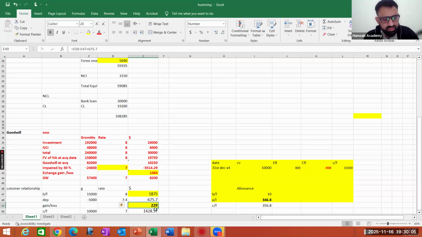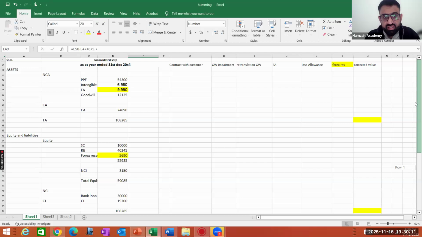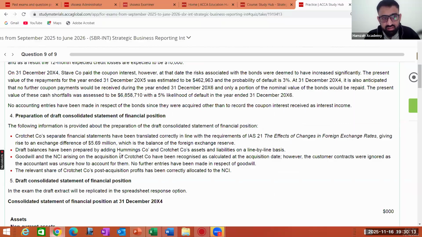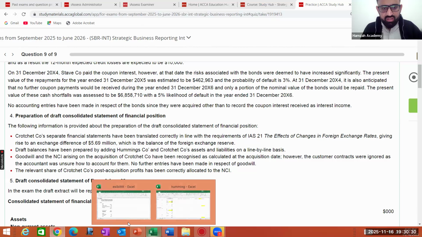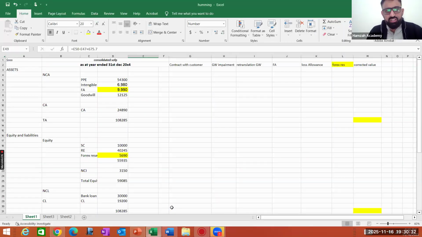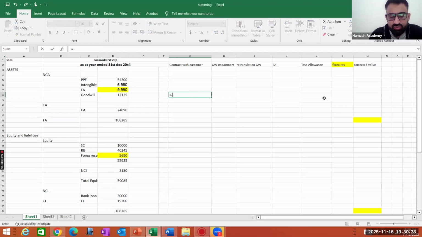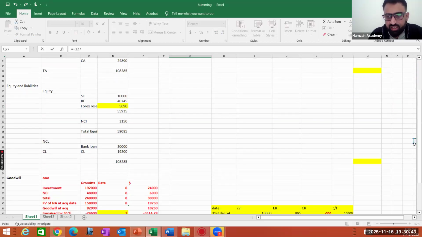Now, the first impact of these adjustments will be that as per their given information, they haven't considered the customer contract. They have ignored the customer contract while calculating the goodwill. Now, at the date of acquisition, when that customer contract is recognized, your goodwill will be decreased because the net asset will be debited.